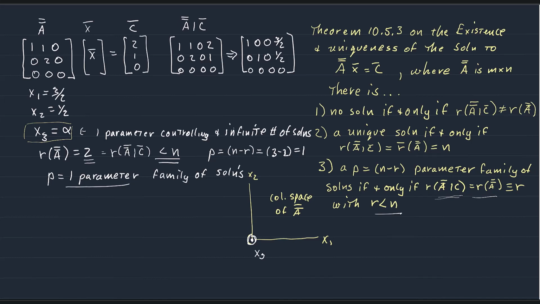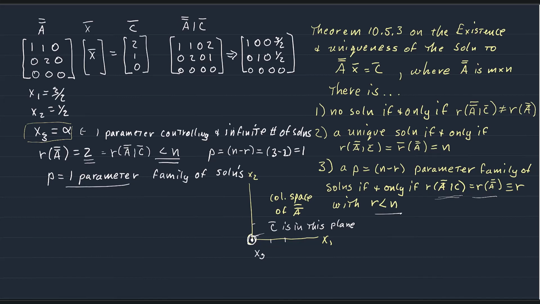The other thing is that C is in this plane, right? C is 2 and 1, so it goes over 2 and 1. So C is in this plane. I'm not going to draw it because I would go over my writing here, but C is in this plane.